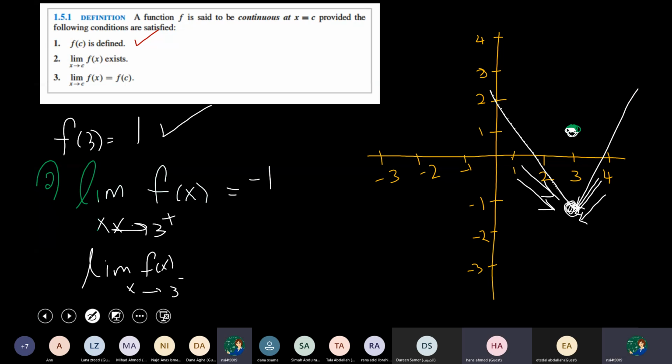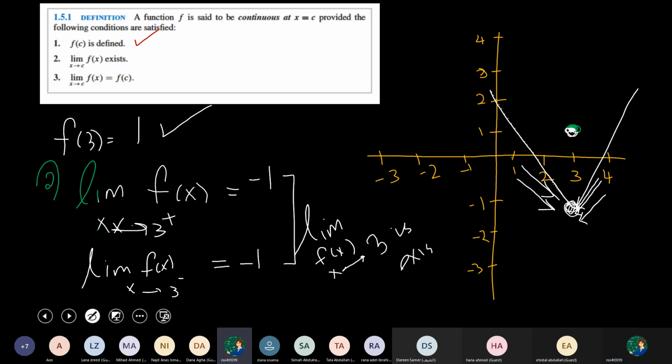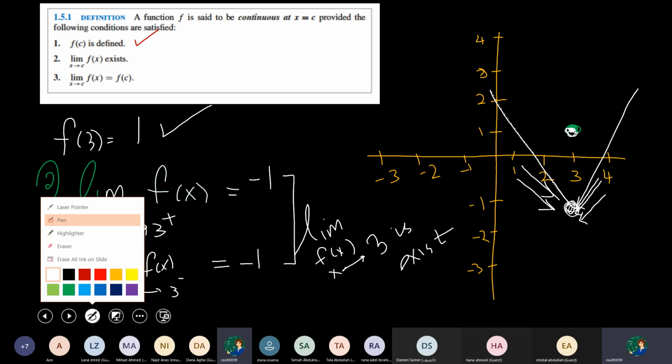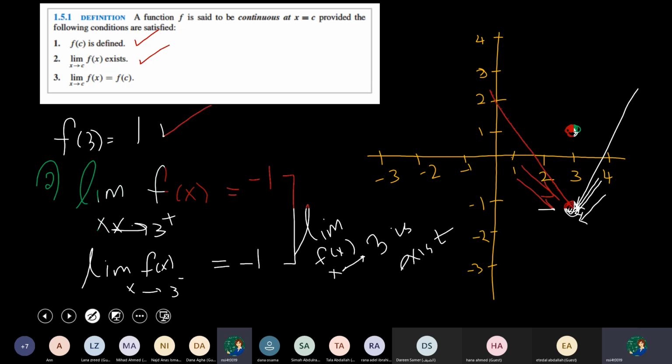It's going to be near -1. Now, do they exist? Are they equal? Yes. So limit f of x when x approaches 3 exists. So my second condition was satisfied.